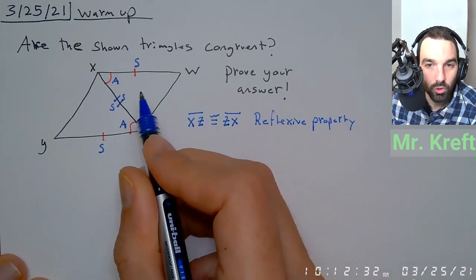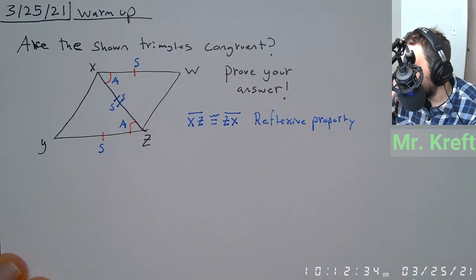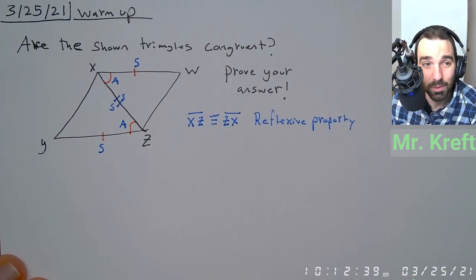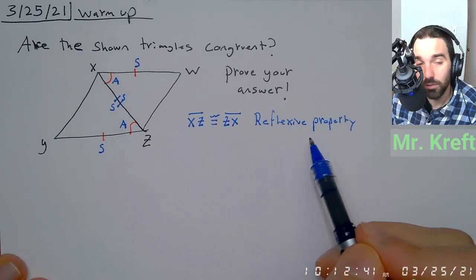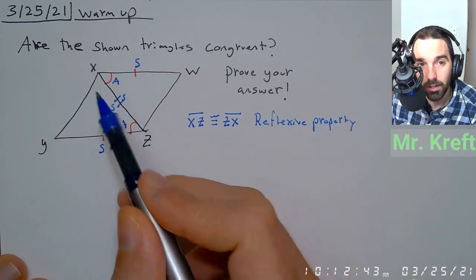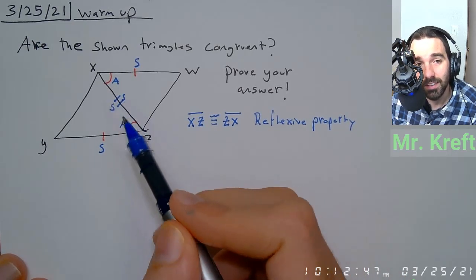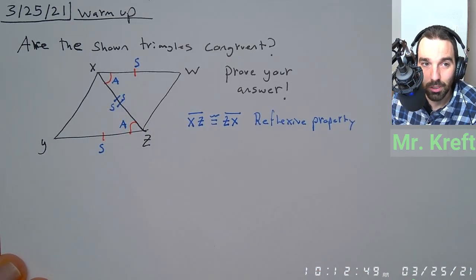Okay, because these two triangles share a side. So again, just trying to get you guys with more practice using that reflexive property. It's really big, it's really important. Okay, and remember, reflexive property just says if two things share a shape, whether it be a side or an angle, then that's the same for both shapes.